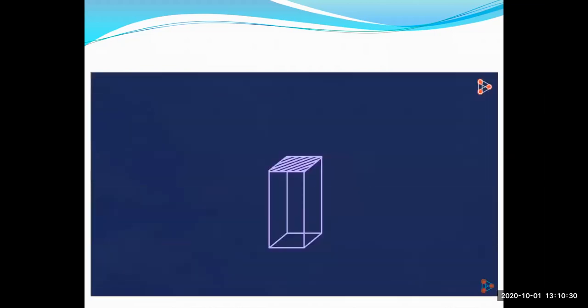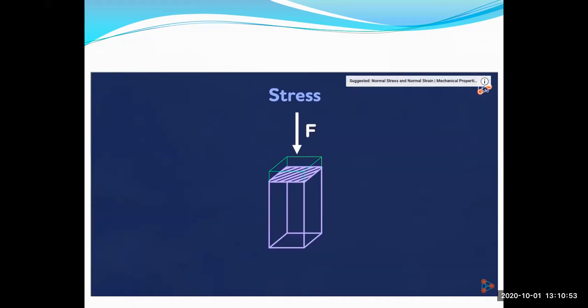Let's draw a rough general sketch of a rectangular beam. Okay, say we apply a downward force F on the surface area of a beam. Here, the force is trying to compress the beam from the top. Due to this, the beam will experience some stress. It is just an uncomfortable state experienced by the object, which is the beam in this case.